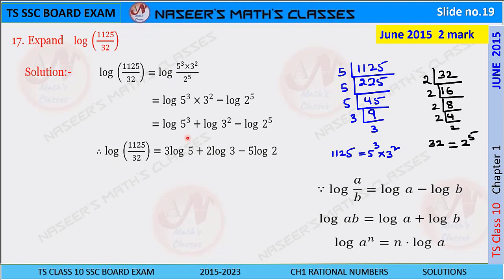Then we can write it as log 5 cube plus log 3 square. Here log 5 cube, log 3 square, log 2 power 5 are in the form of log a power n, so we can write it as n into log a. Therefore, we can write log 5 cube as 3 log 5, log 3 square as 2 log 3, and log 2 power 5 as 5 log 2. Therefore, log 1125 by 32 is equal to 3 log 5 plus 2 log 3 minus 5 log 2.